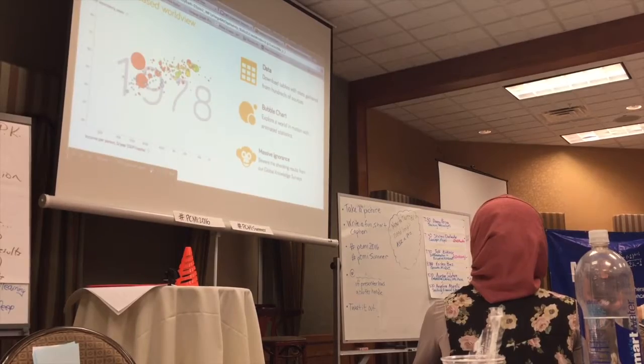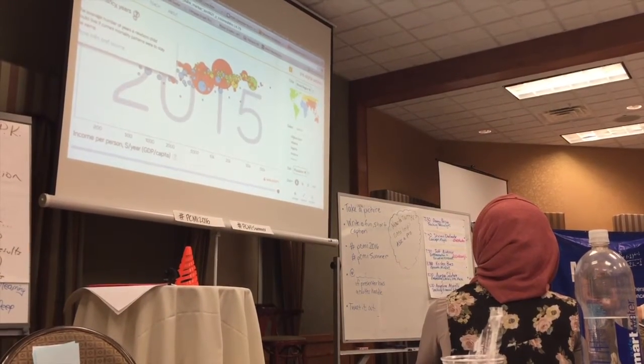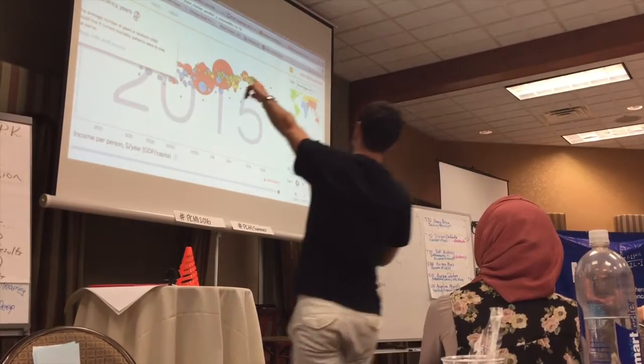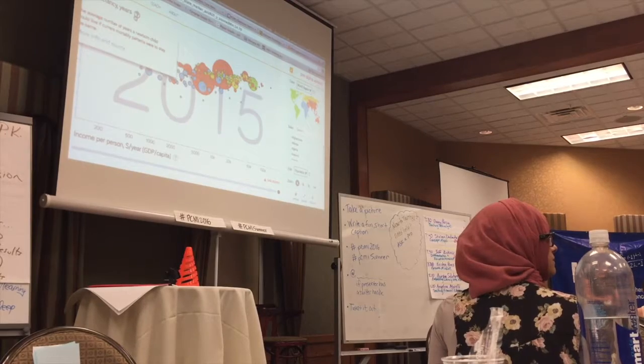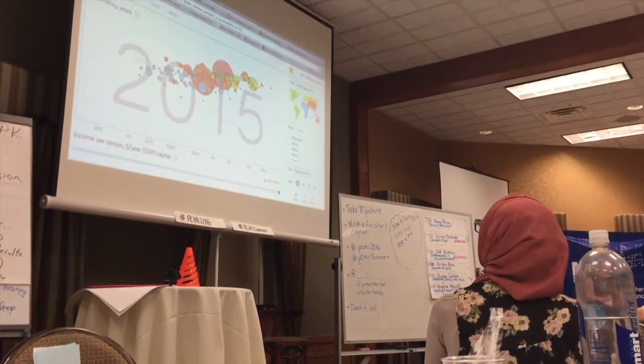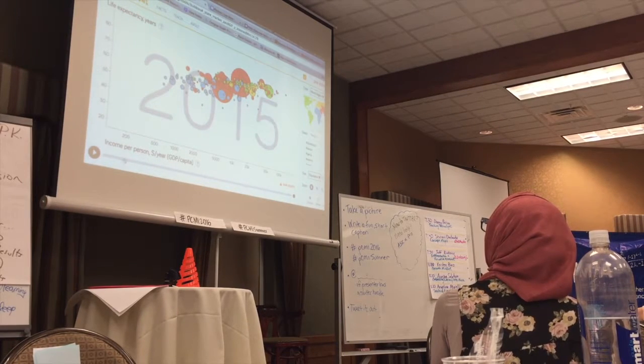So here it is. Let's see. I'll pull it up here. Gapminder lets you pick any 2 variables. So you'll see up at the top, there's life expectancy, and on the bottom, income per person. And I'm going to hit play and see if you can figure out what's happening. There should be a play button down here. There it is.